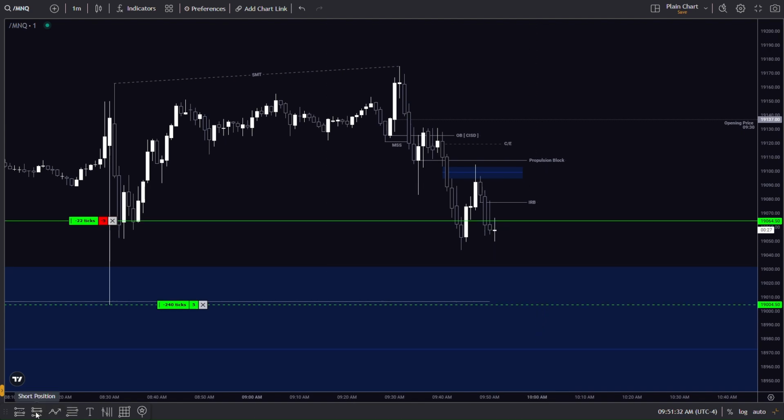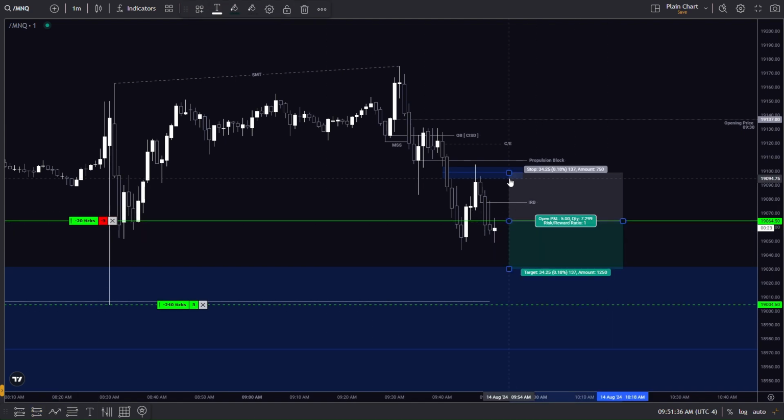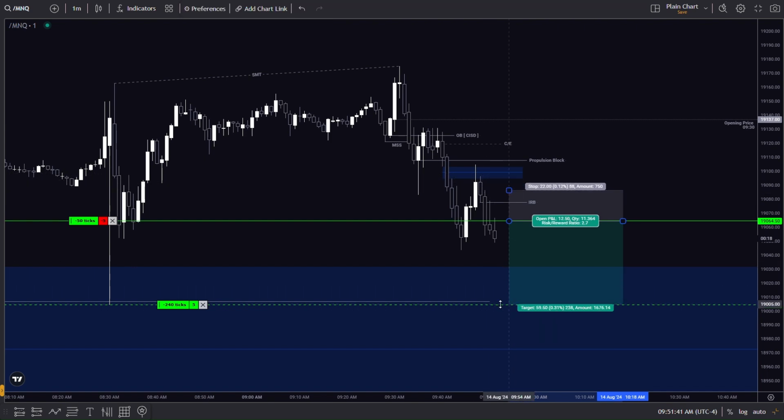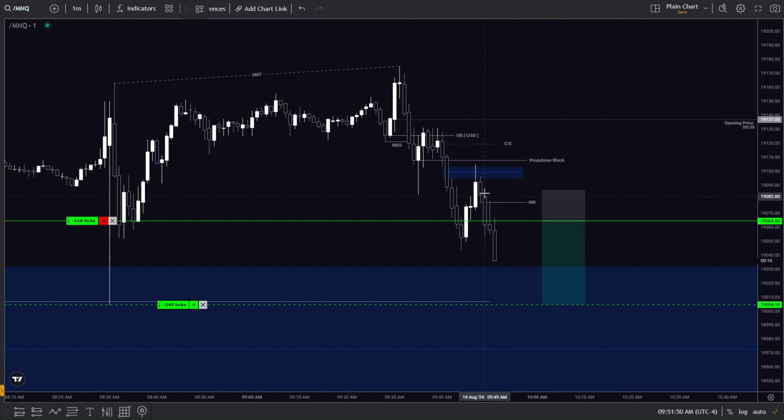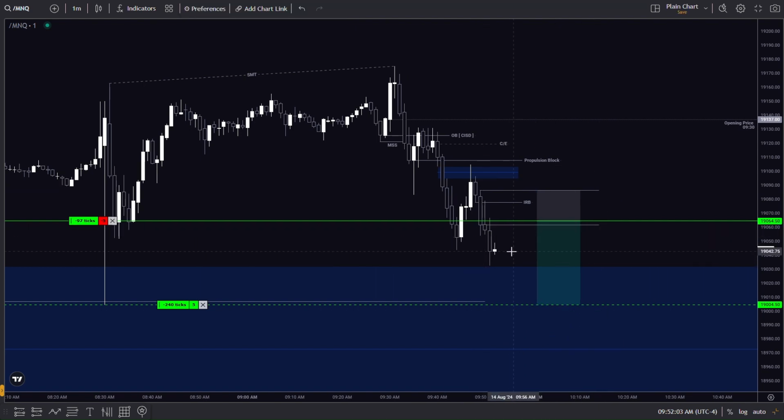Then my stop loss would be just above here. Just a little bit like that. Because now this whole candle here becomes our balanced price range.